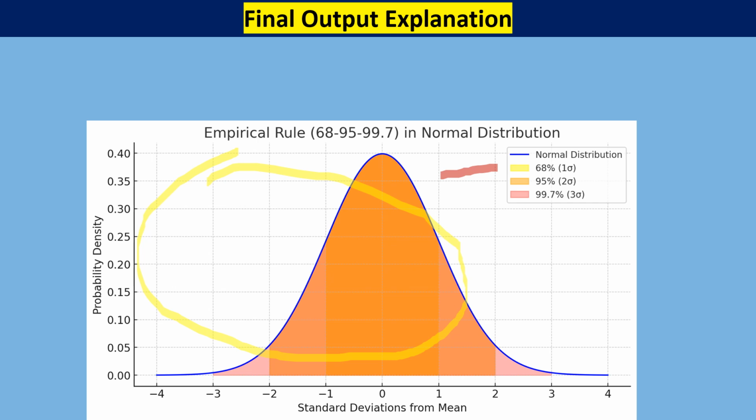Orange is 95% of data within two standard deviations from the mean, and the red one is 99.7% of data within three standard deviations from the mean. The majority of real-world data follows this pattern. If data significantly deviates from this distribution, it may indicate outliers or a skewed distribution.